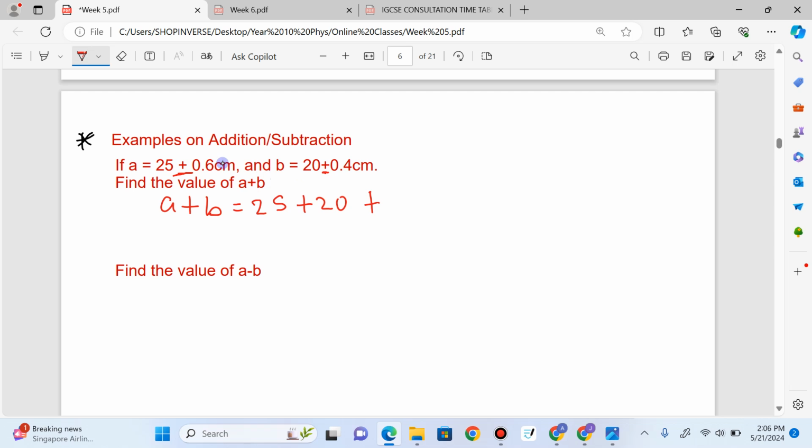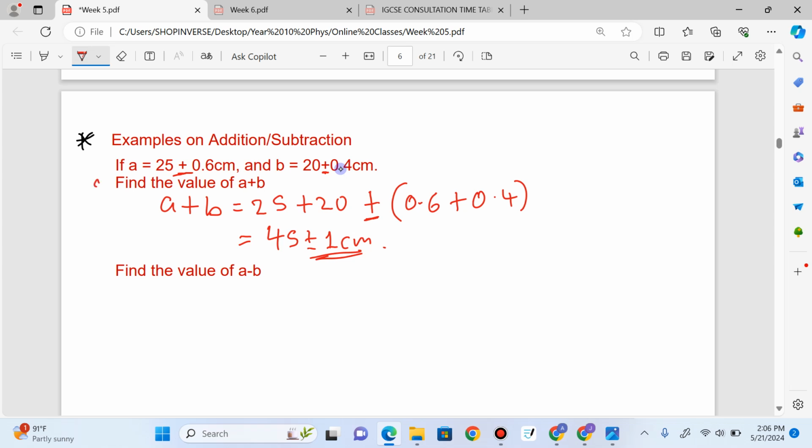So you have plus or minus, let me bring in the absolute uncertainty. Absolute uncertainty of A is 0.6. Absolute uncertainty of B is 0.4. So by the time you bring this together, 25 plus 20 will give us 45, plus or minus 0.6 plus 0.4, that will give us 1 centimeter. And that's how you get your answer to this.